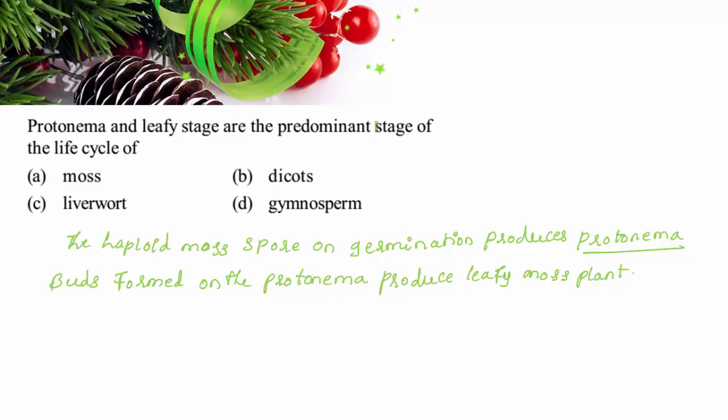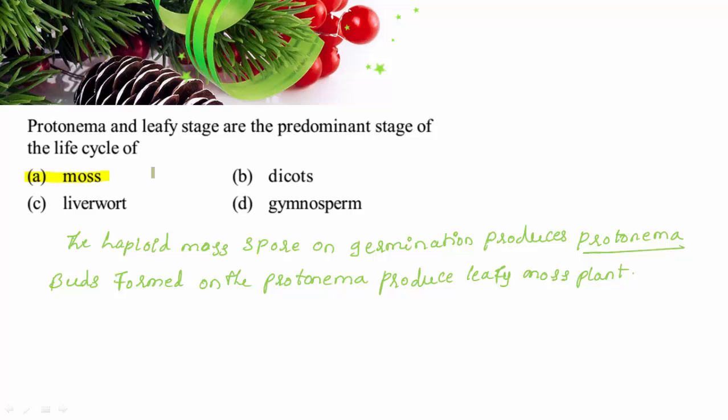Both of them are the predominant stages in the life cycle of which plants? Mosses, liverwort, dicot, gymnosperm. So here the right answer is mosses.